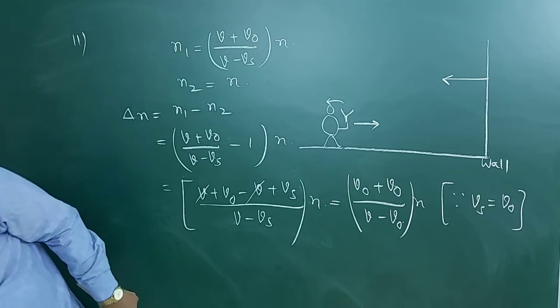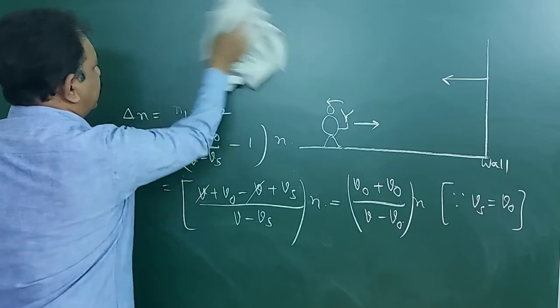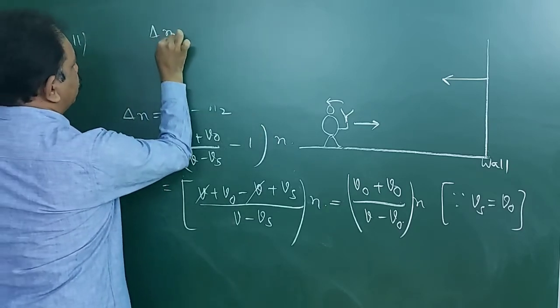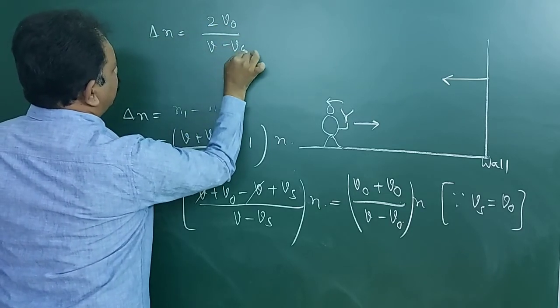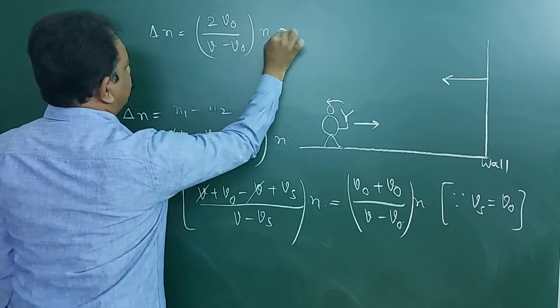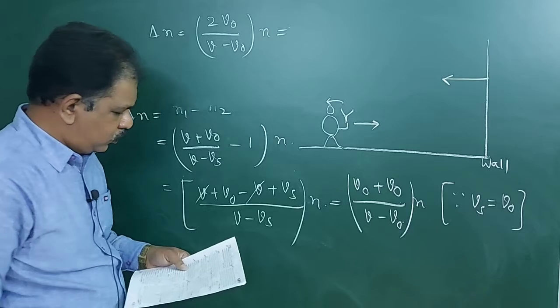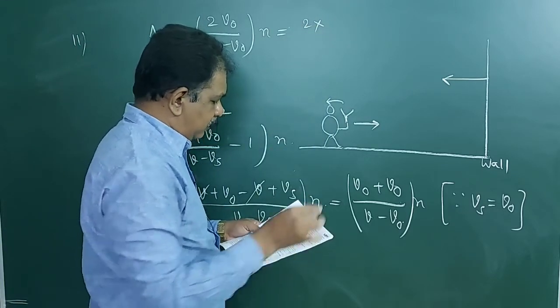Finally, how many beats will we get? What is the answer we will get here? Delta N is equal to 2Vo by V minus Vo into N. Here the values: 2 into velocity of the observer, which is 2.